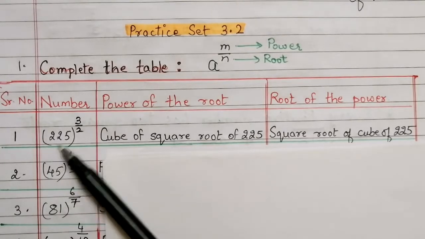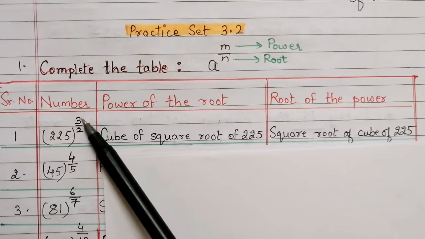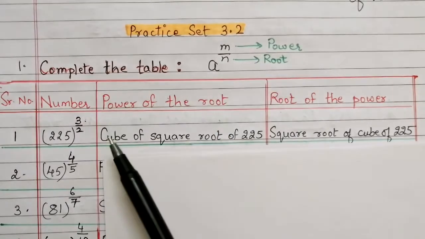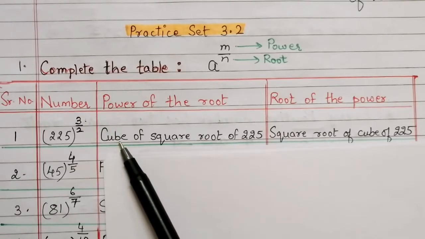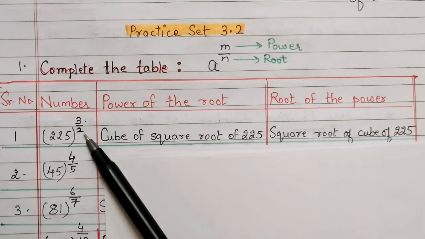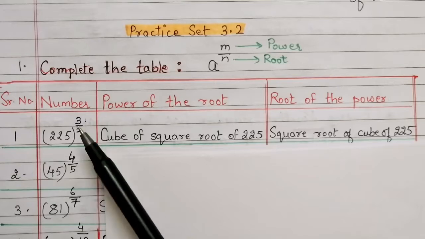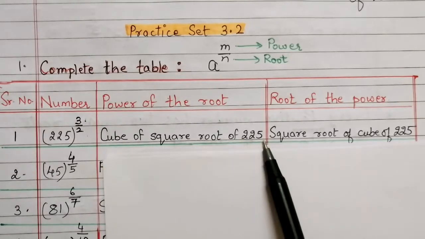Now the first number given is 225 raised to 3 upon 2. Remember, the upper number is the power. So that is cube, or third power we can say. So the cube of the root. The root is 2, so we say square root. So cube of square root of 225.